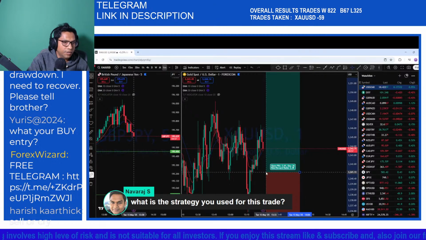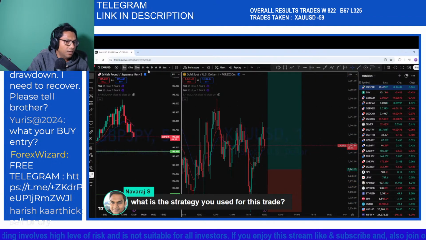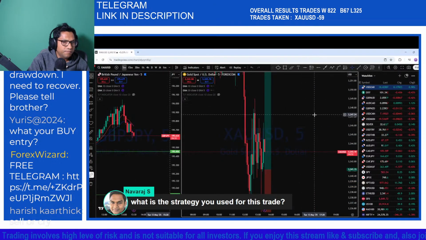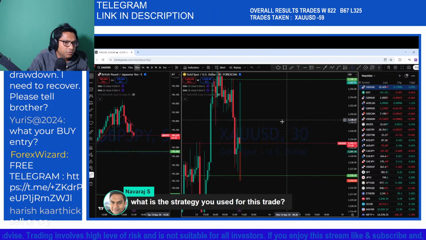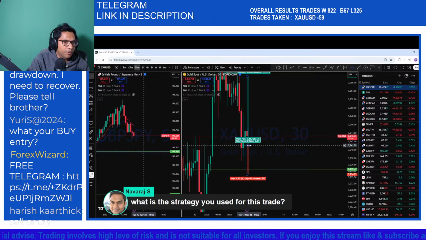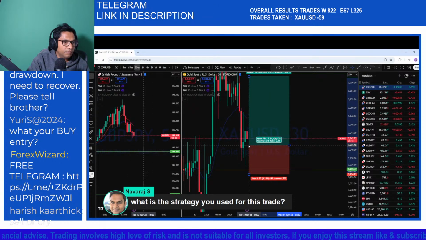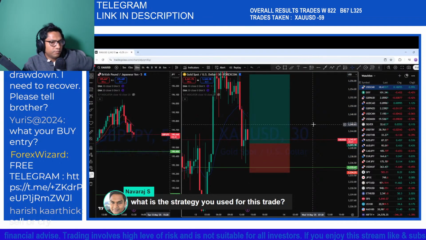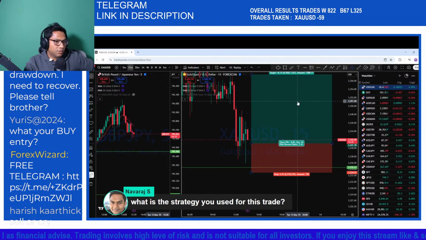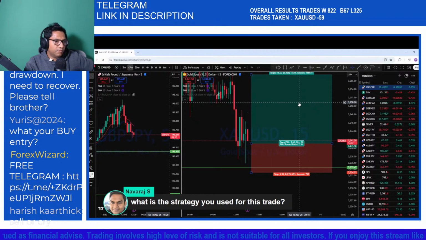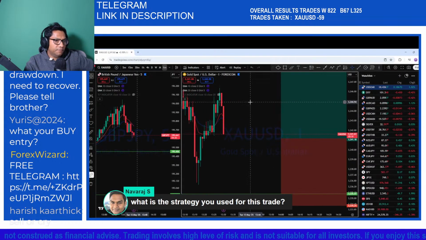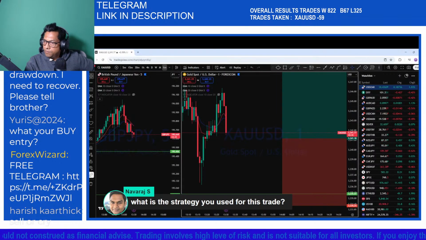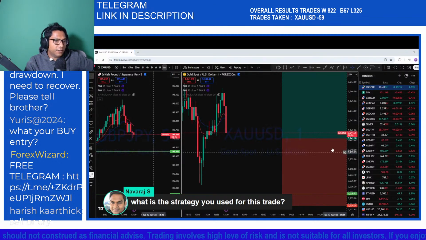It's trying to break below, and so the 30 minutes candle closed. Now it's just crossing our entry again, at entry at the moment.